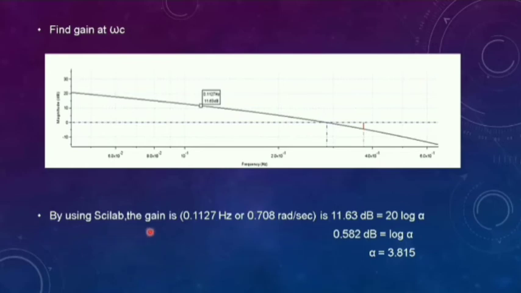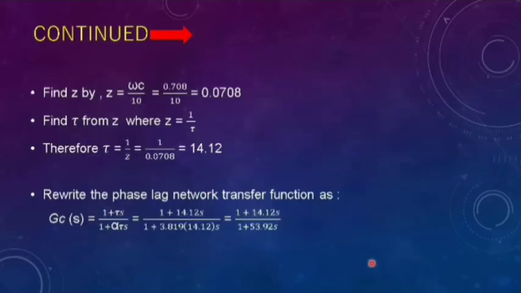So, by using Scilab, the gain that we have obtained at 0.708 radian per second is 11.63 dB, which is also equal to 20 log alpha. Here we have our alpha value, which is equal to 3.815.